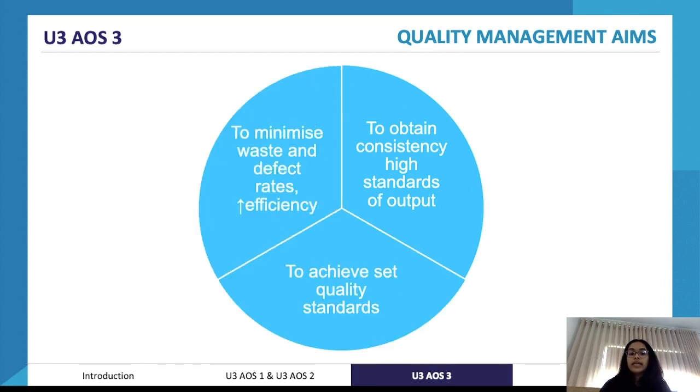With quality management, there's 3 key aims. These are the aims of quality management: to obtain consistency with high standards of output, to achieve set quality standards, and to minimize waste and defect rates, and therefore to improve efficiency.